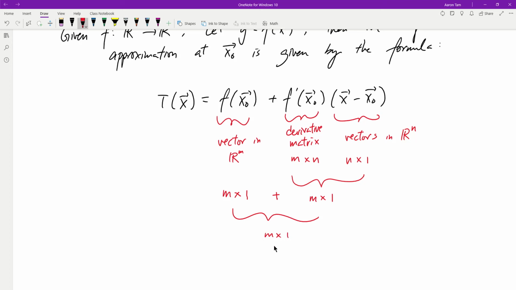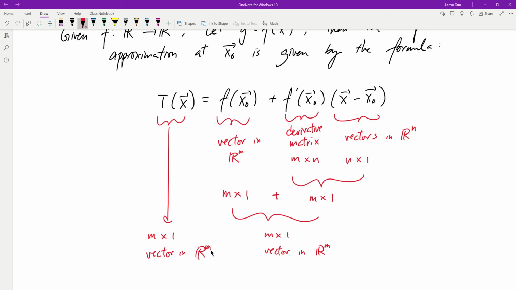And that is a vector in Rm also, just written vertically. And so this outcome must be the same, which is m by 1, a vector in Rm.